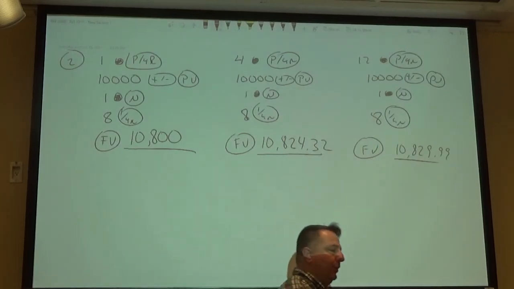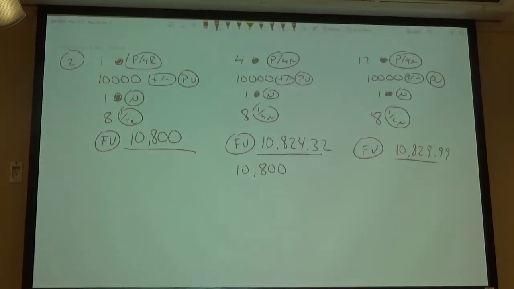The way we can do that, very simply, is we can put in the 10,800 under this one as the future value, and then solve for the interest rate. Do the same thing over here: 10,800 and solve for the interest rate.